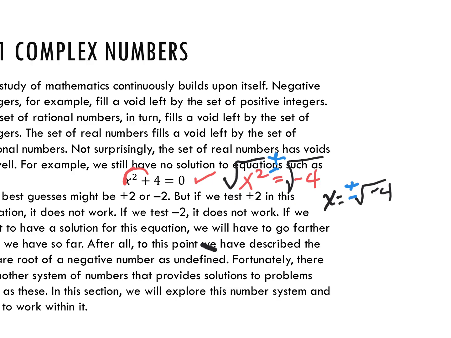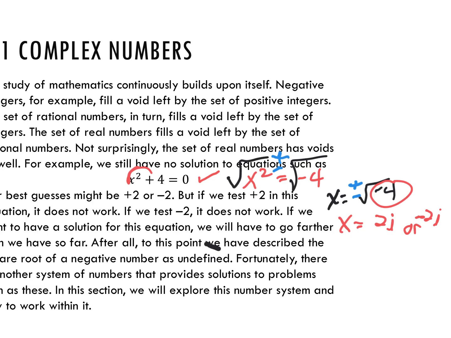But that's not the difficult thing. The difficult thing is there's a negative in there. Remember what I said a minute ago? Calculator won't give you the answer. Because x will be 2i or negative 2i, plus or minus. Feel free to read more up on it here.